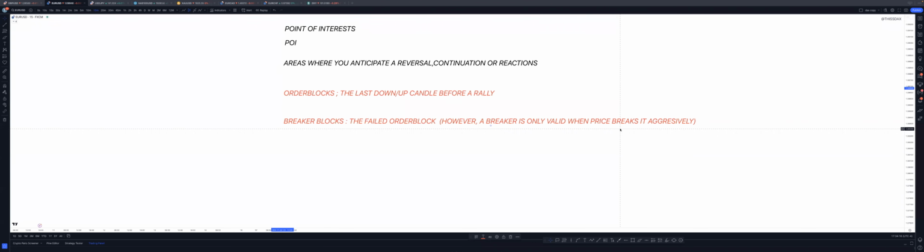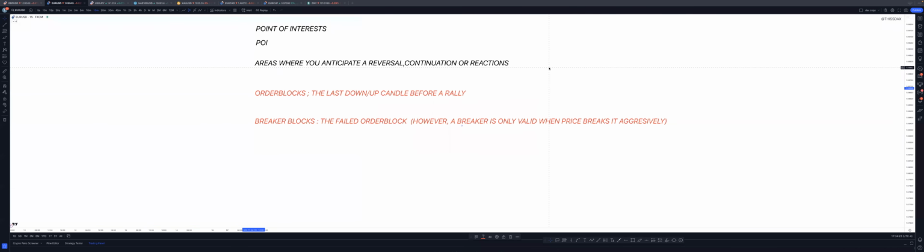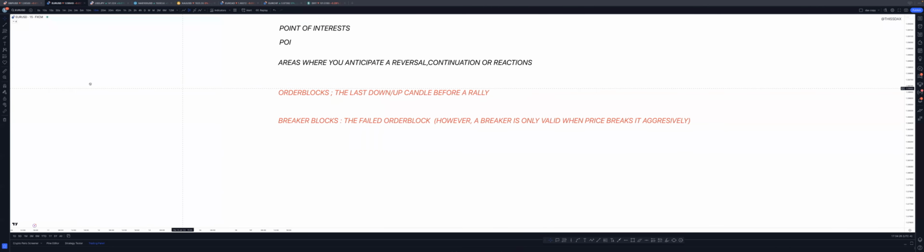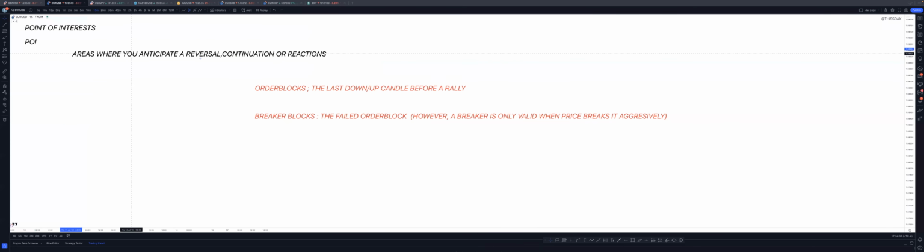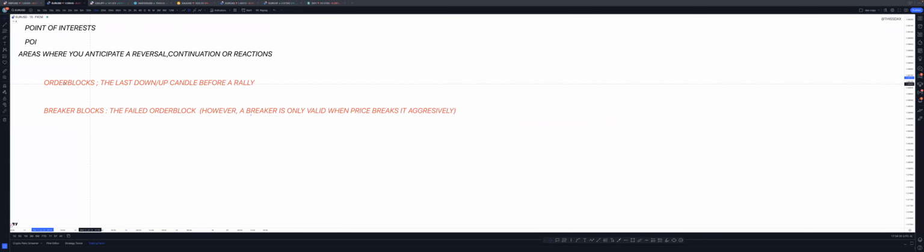No. For the first example, let's start with the order block. Let me demarcate these.